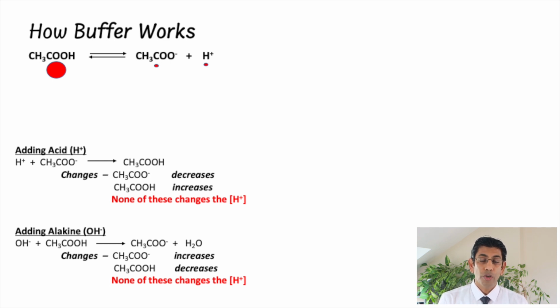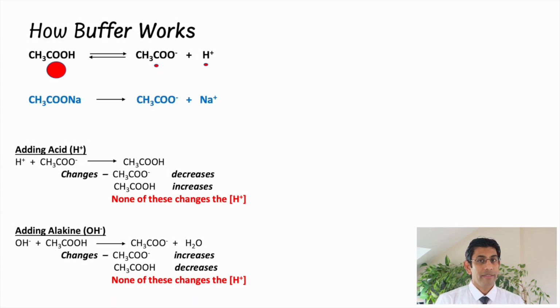This is why we need a salt in this mixture. The salt must be made from the same acid. The salt I'm using in this example is sodium ethanoate. It could be potassium ethanoate or any sort of ethanoate. Sodium ethanoate, as you all know, like salts, will ionize completely.